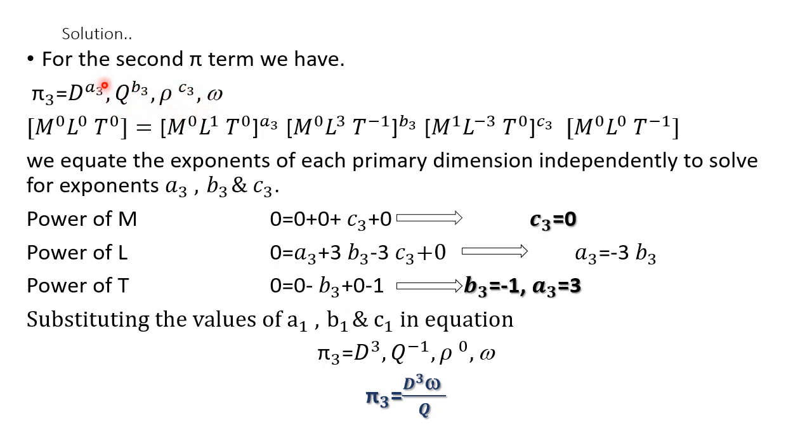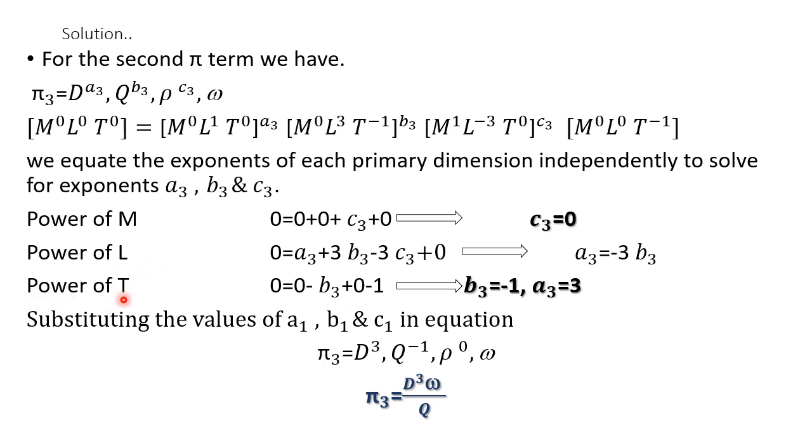Here a3, b3 and c3 are constants. We need to identify their values and substitute, and we will get the expression for pi3. We have written the dimensions of all the variables. Once you write the dimensions, we need to compare the power of M, next power of L, next power of T.